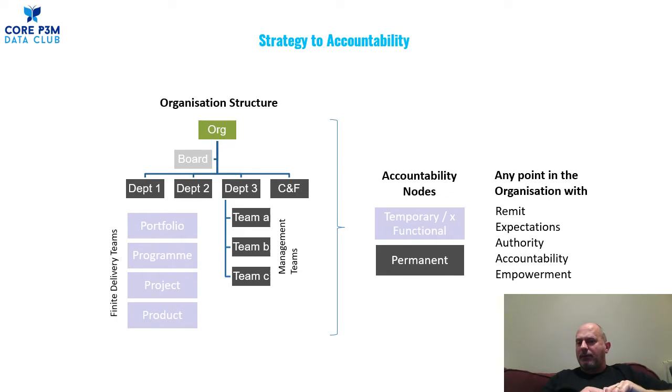Each of these will have some kind of remit, an expectation made of it. You'll be given a level of authority, and in return for empowerment, it will have accountability. It will be expected to achieve the remit with the empowerment and do that with various constraints.